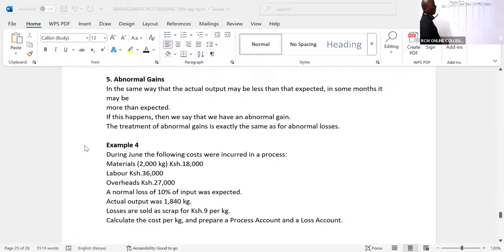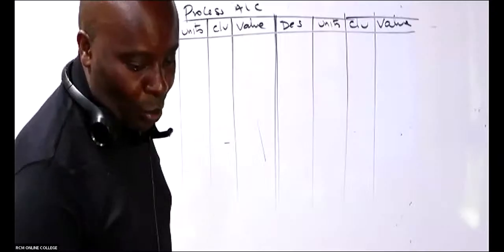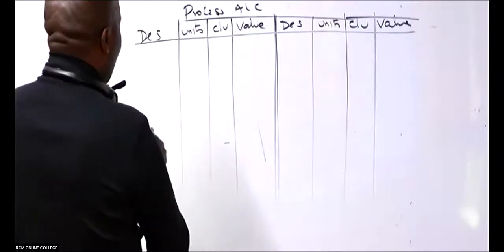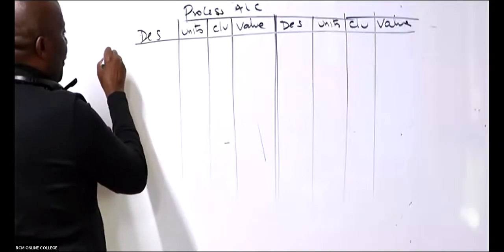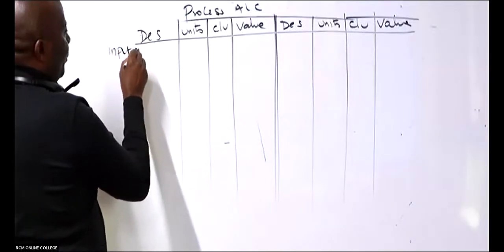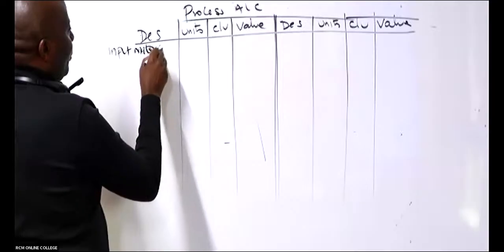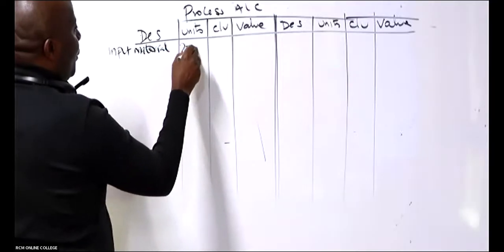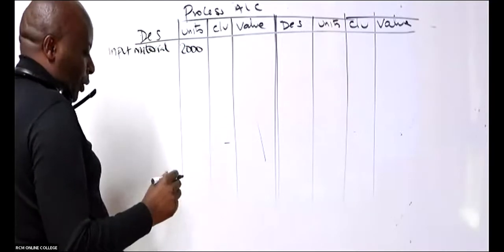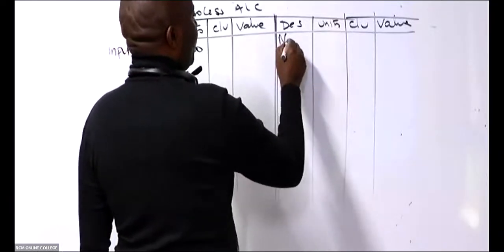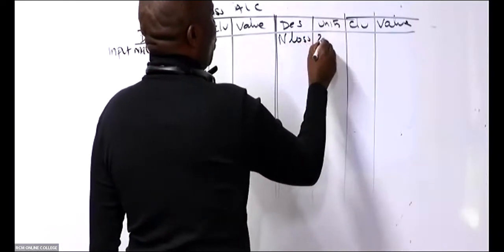All right. Now, ladies and gentlemen, we should be able to post our throughput. Start always with the throughput. For example, we had input material cost of $2,000. We had normal loss of 200.